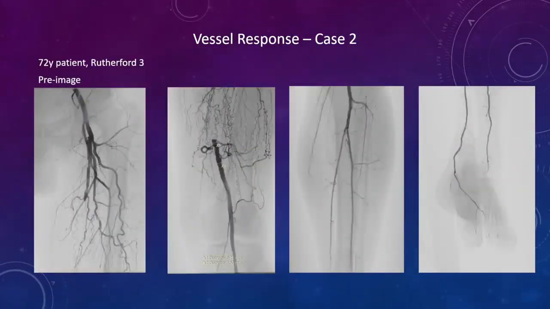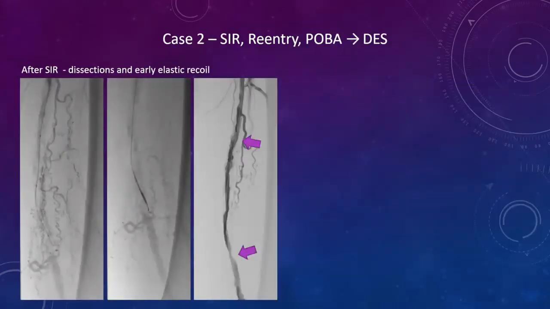So let's see another vessel response. It's a mid-SFA occlusion, and in this case we were able to open it up just in the subintimal space with a re-entry catheter. You can see here the vessel response was some elastic recoil and dissection, and the drug-eluting stent technology saved the day.